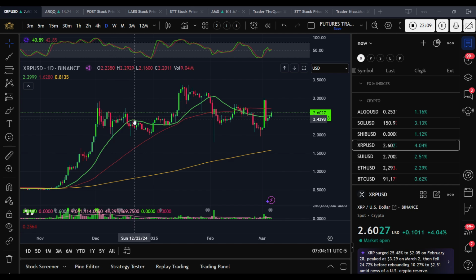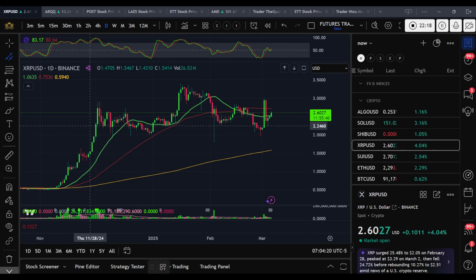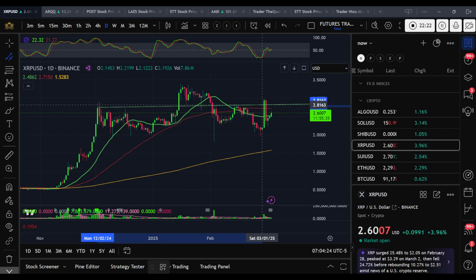But again, we're in this zone. And here's where I would use a channel, just to show you the consolidation that has been occurring in this zone.